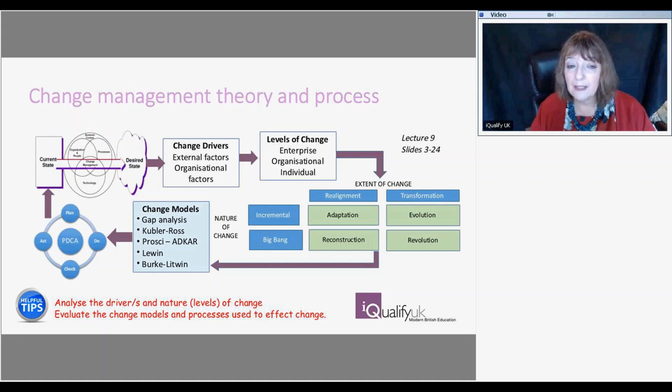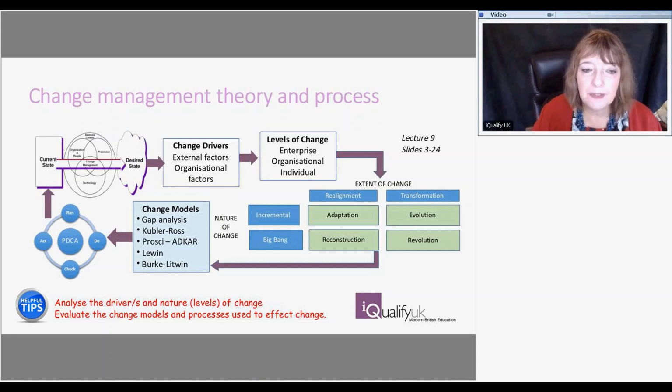So we looked at gap analysis, Kubler-Ross, that's the one with the stages of grief, Prosky and ADKAR, and then Lewin, unfreeze, change and refreeze, and the Burke-Litwin model. And we looked at that in a bit more detail.